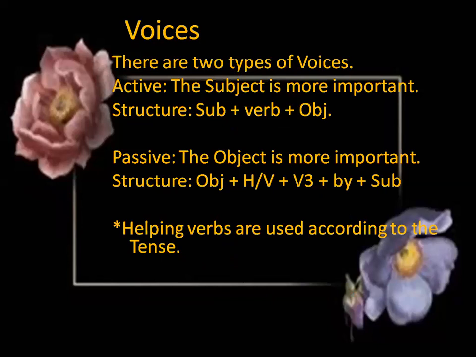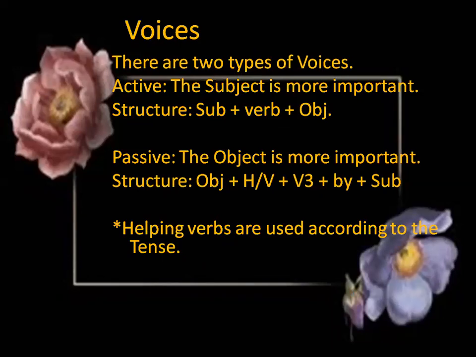The simplest structure of the voice, or active voice you may say, when we talk about the structure, we always put the subject first, the doer of the work first. The most important part of this structure is the subject, the person who is performing that action, who is performing that verb.